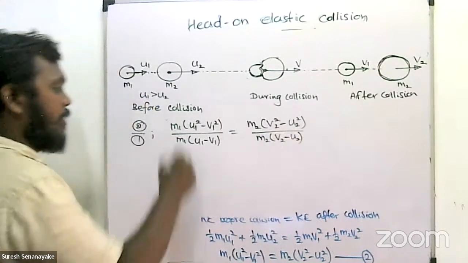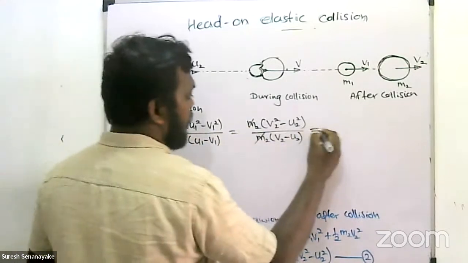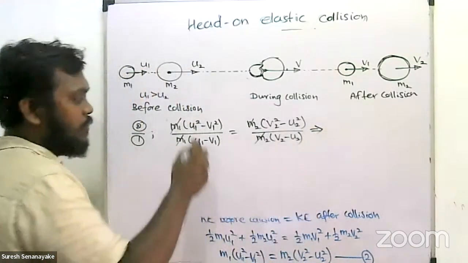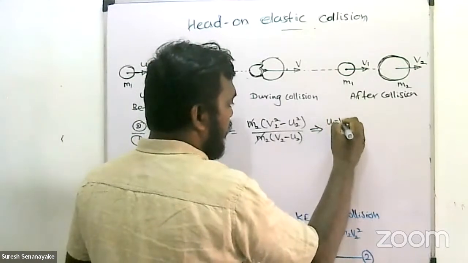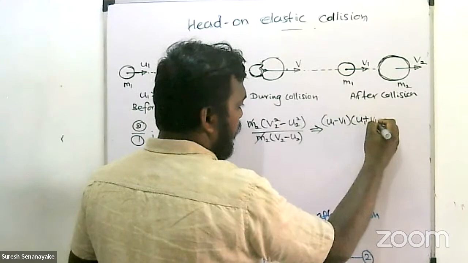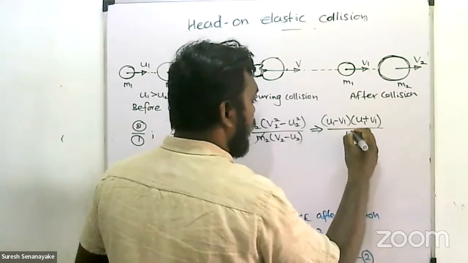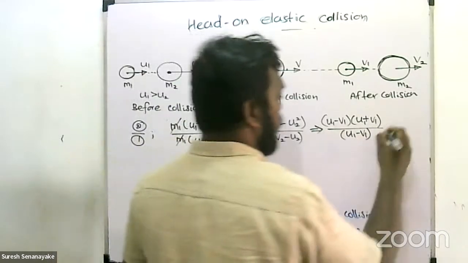This is the way m1 and m2 cancel, and in this case you can write u1 squared minus v1 squared as (u1 minus v1)(u1 plus v1), that is the difference of two squares.